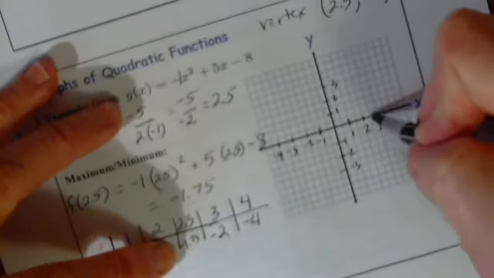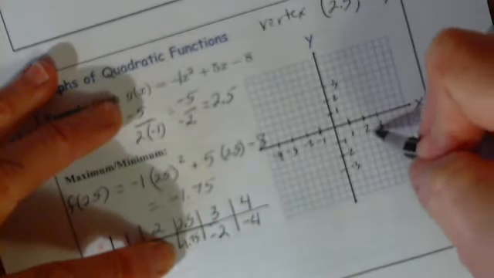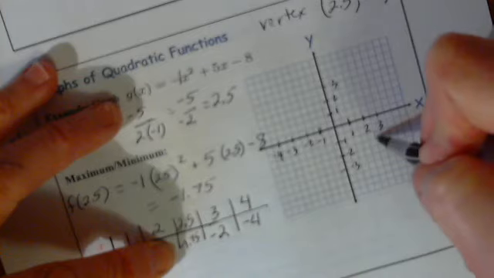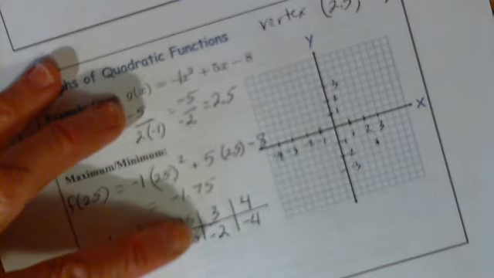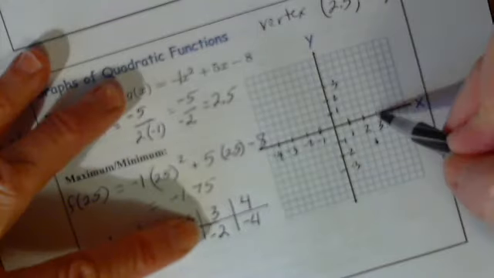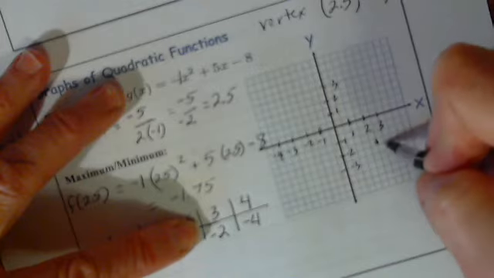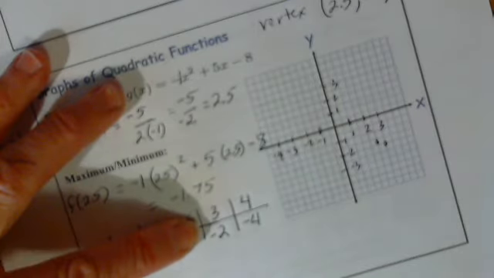Okay, the value 2.5, negative 1.75. So 2.5, and then down 1, there's 1.5, and here would be negative 1.75, halfway through my grid line. The value 3, negative 2: right 3, and down to negative 2, just a little bit lower.